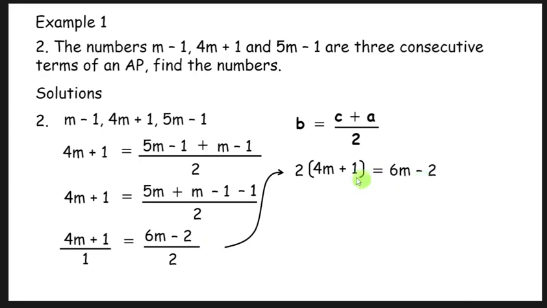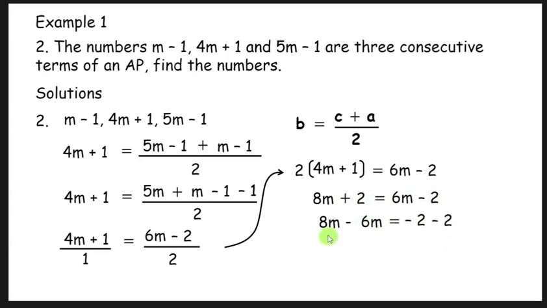Then we are going to get rid of the brackets. So multiply 2 times 4m, 8m, plus 2 times 1, 2 is equal to 6m minus 2. Then we are going to collect like terms. So 6m will cross here to become minus 6m, and here we have 2, which crosses to become negative 2.